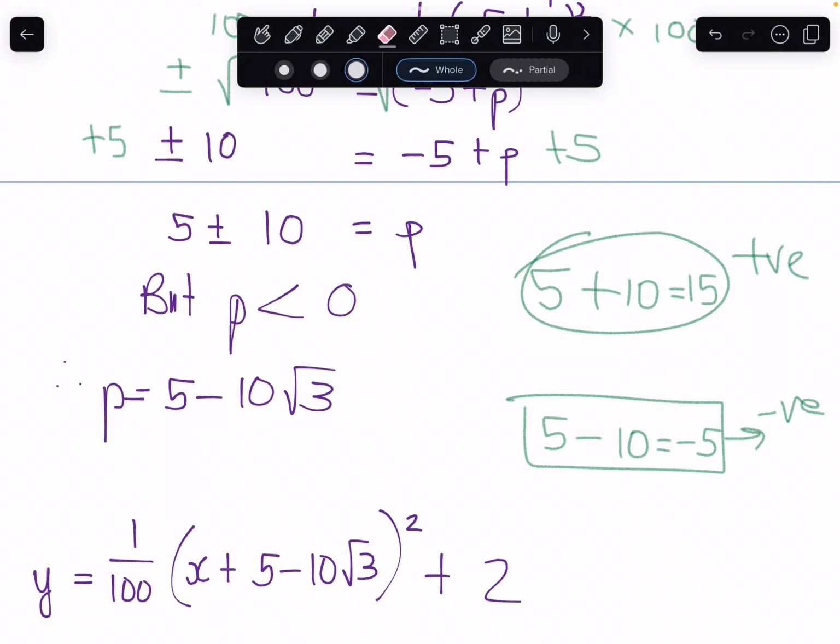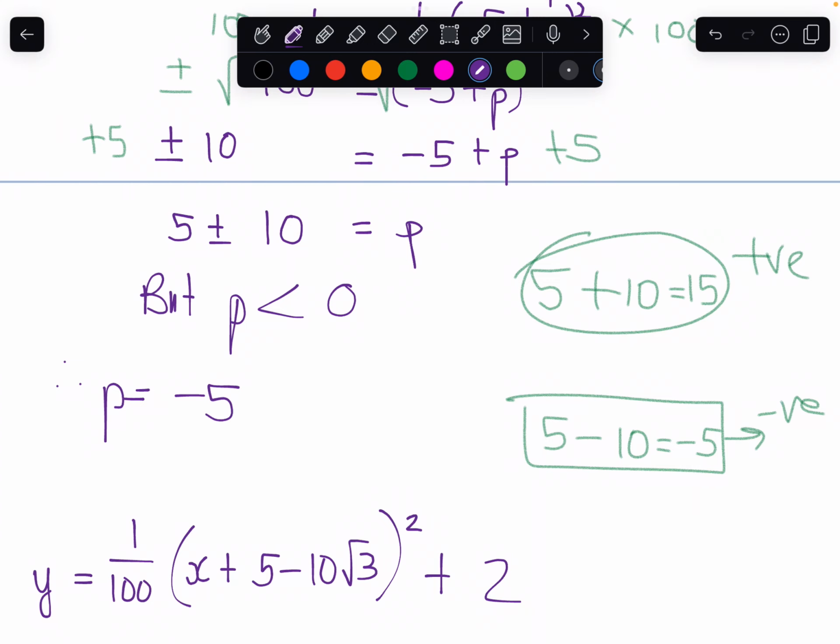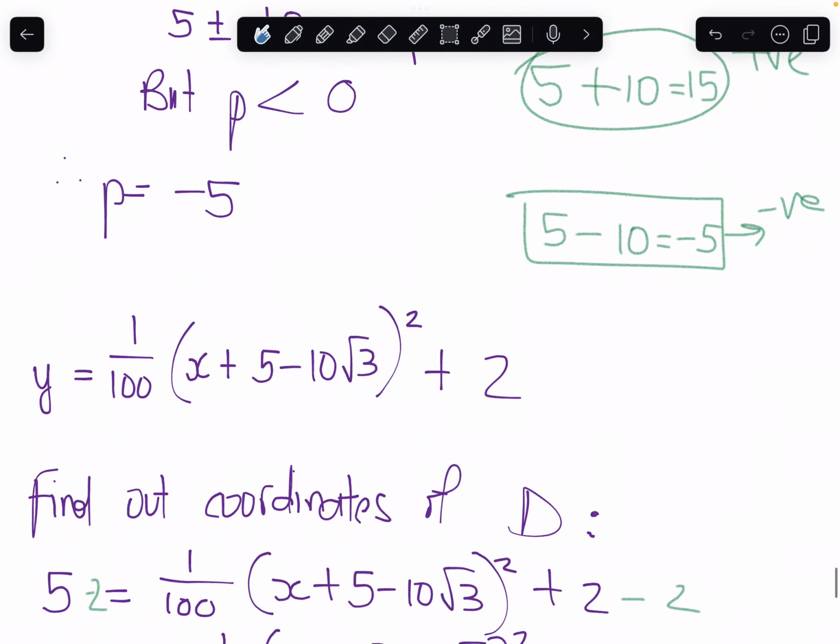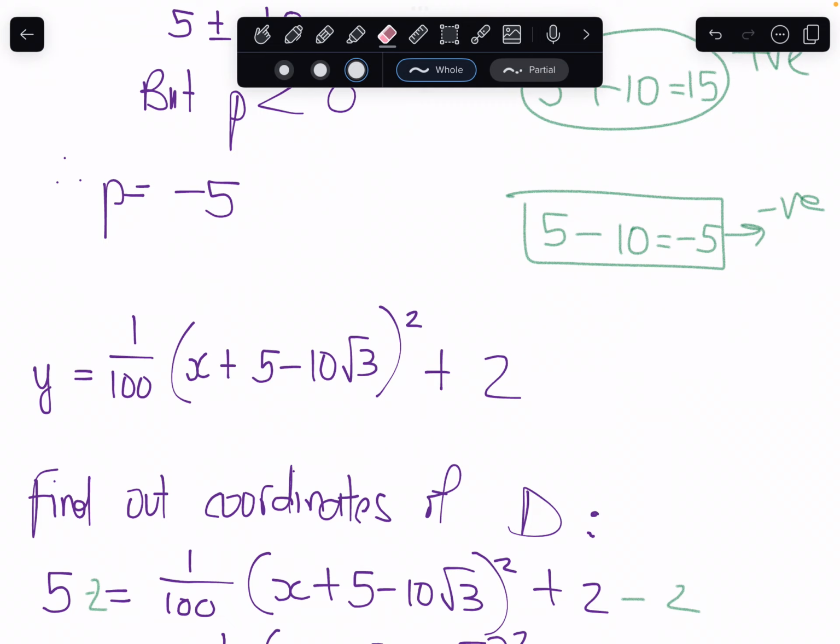So P is equal to negative 5, in which case it becomes so much easier to not go this route to figure out the coordinates of D, but to rather just look at the graph, figure out the distance of B from the new turning point, which will then give you the distance from the new turning point to D. But anyway, once again, we are going to stick it out.